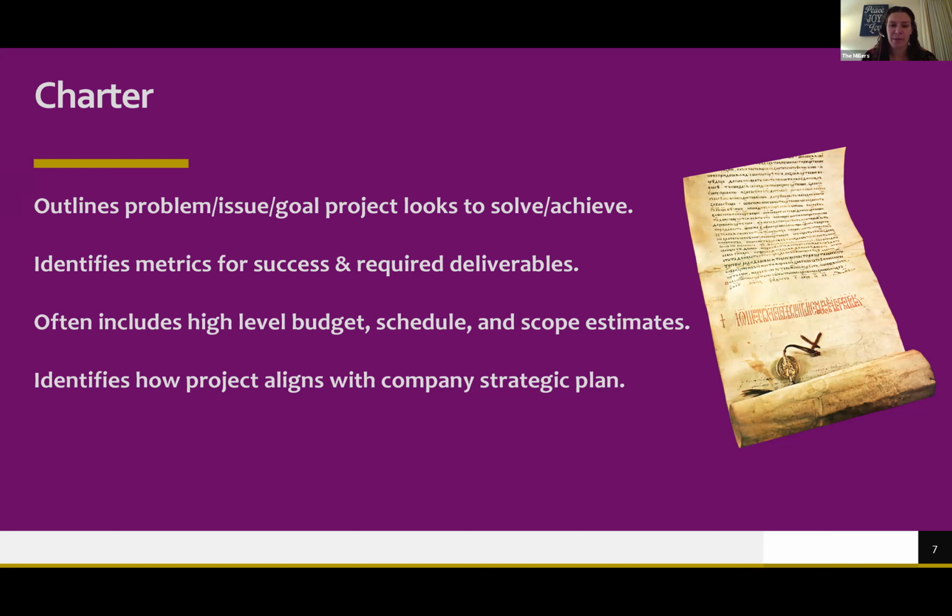Similarly, within a chapter, we create strategic plans on the chapter level that really are the charters for our officers as they go through their semester or their year of service. So we create strategic plans each semester. Each officer is responsible for creating them and submitting them in the hub. Those strategic plans ask you to outline your goals. They ask you to outline the events that you are going to provide, which are your required deliverables.